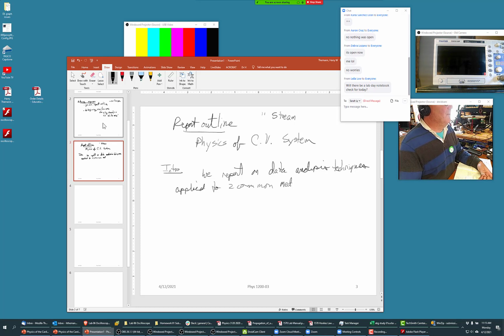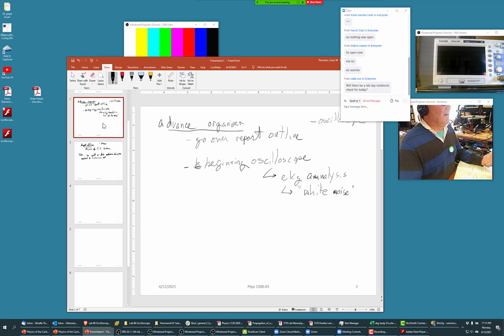But I would expect to see this advanced organizer, for example, and just some notes to yourself about what these simple words here mean. I'm hoping you fleshed it out a little bit because the whole idea is that your goal is to be able to keep a logbook that you can pick up next year and understand what you are doing.